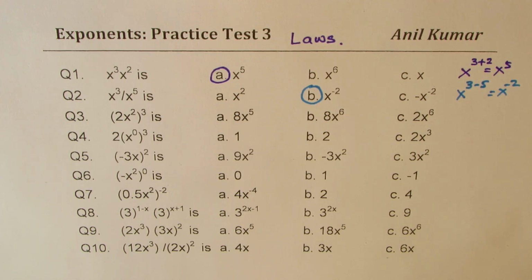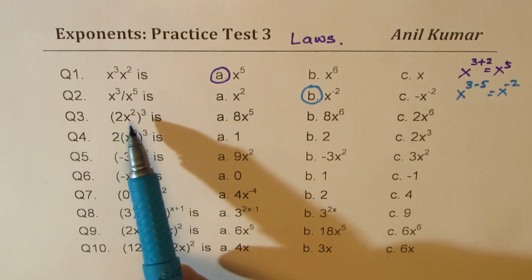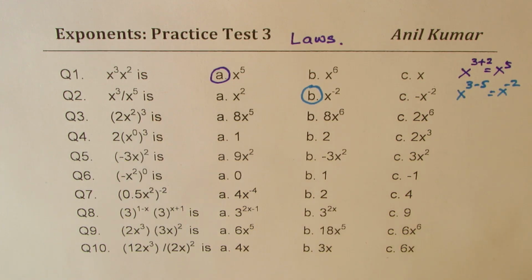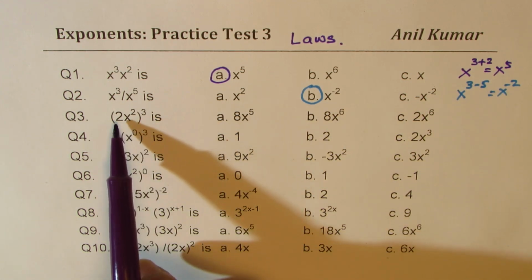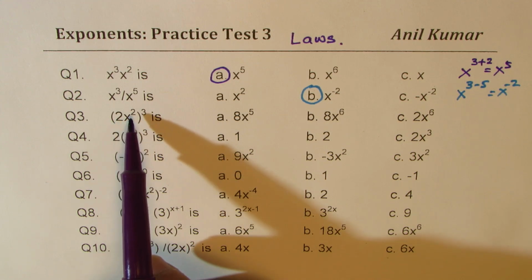Now let's look into question number 3, where the power rule will be applied. I would like you to pause the video, answer this one, and then look into my solution. You might just make a mistake here. Now here we have power of 3, which acts both on 2 and also on x squared.